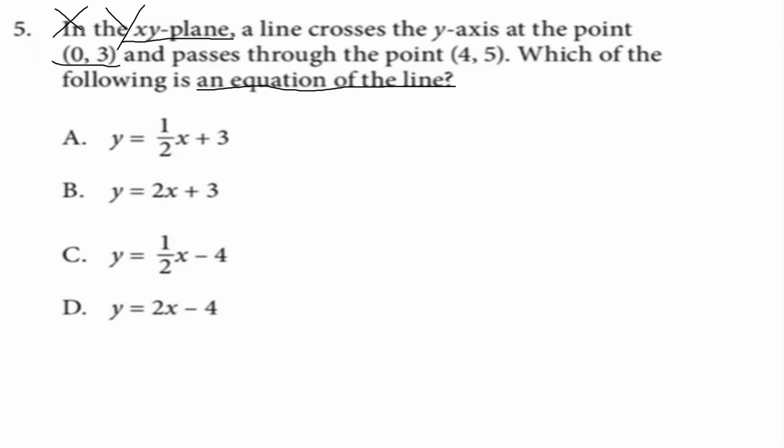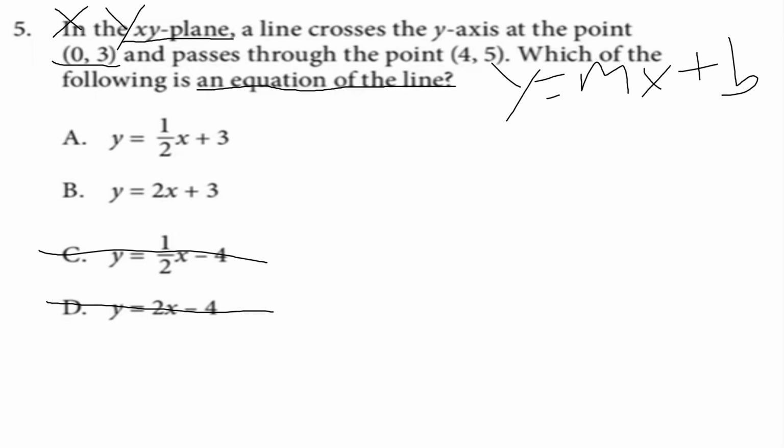It's y equals mx plus b. And we know that the y-intercept, which is b, is 3. So D has a y-intercept of -4, and C has a y-intercept of -4. But for letter A, we have the y-intercept being 3, and for B, we have the y-intercept equal to 3. So it could be A or B.